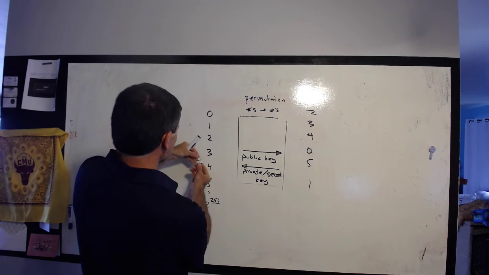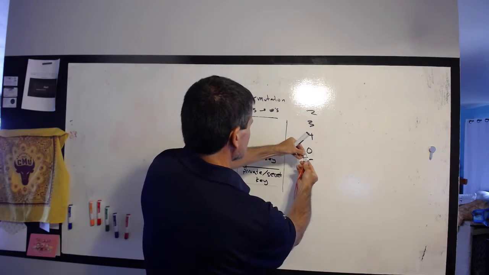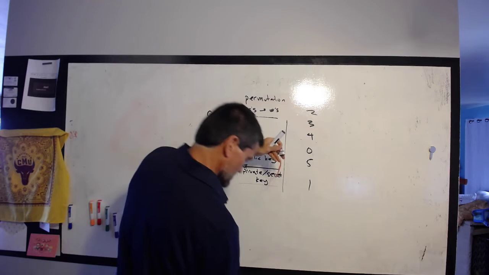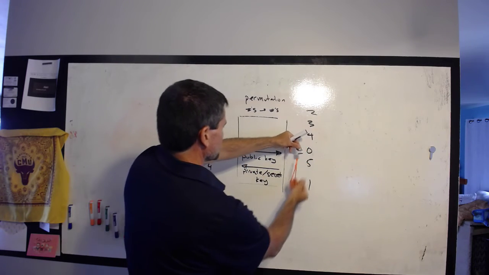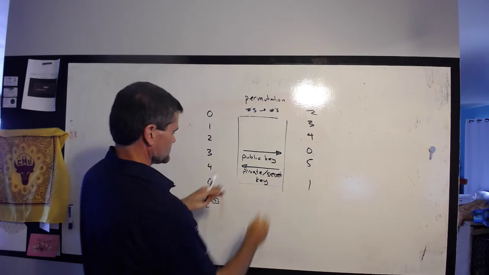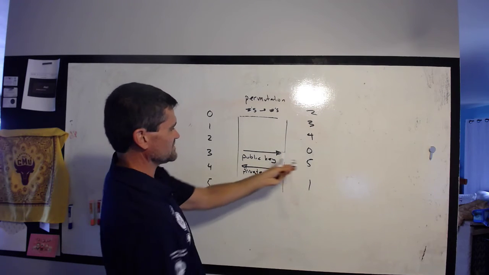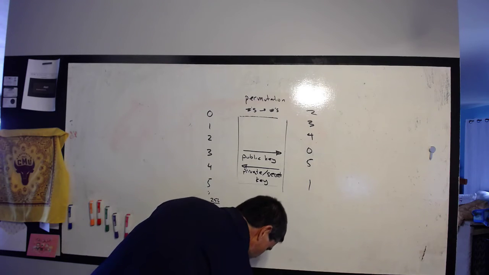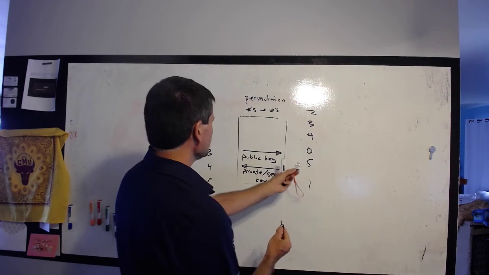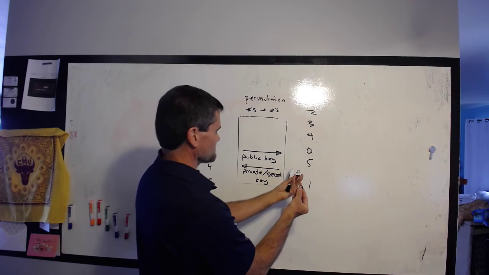So that's this idea of locking, with no access to the private key, just the public key, locking something on that side. If you have that, you can send information that you know only Bob can unlock, apparently. You need a private key, and hopefully Bob is the only person that has the private key.